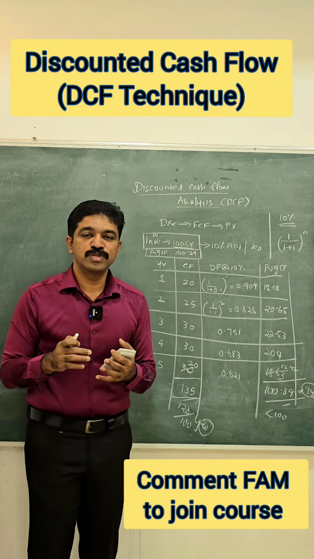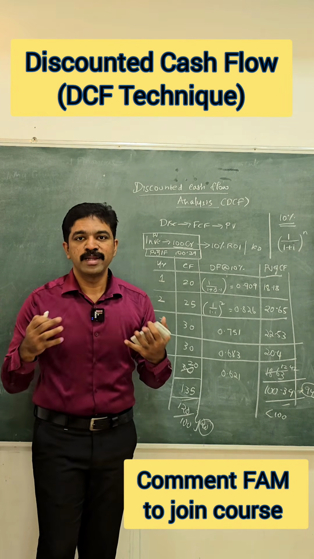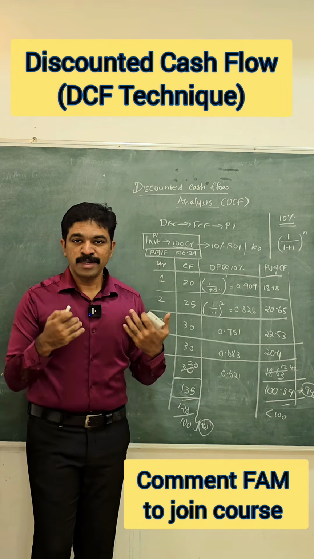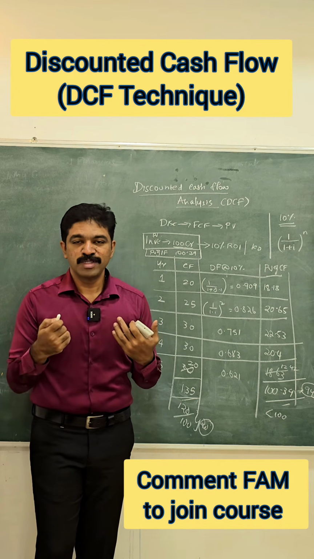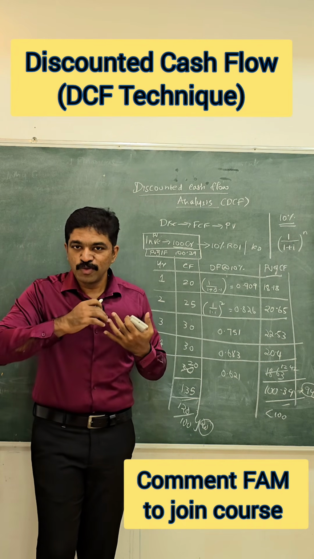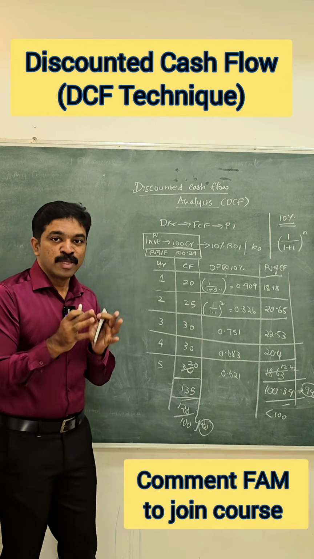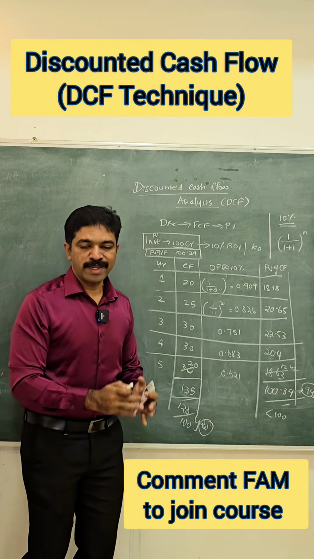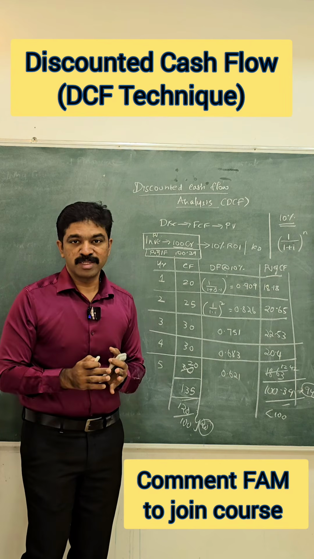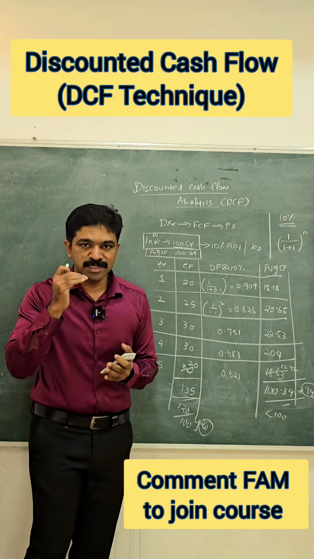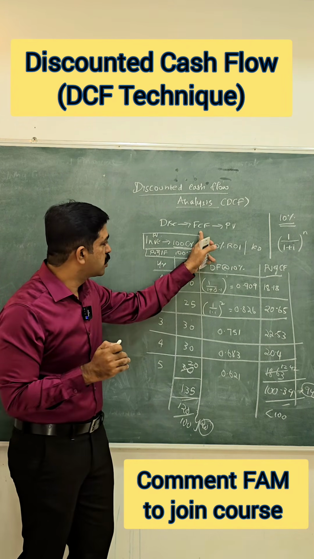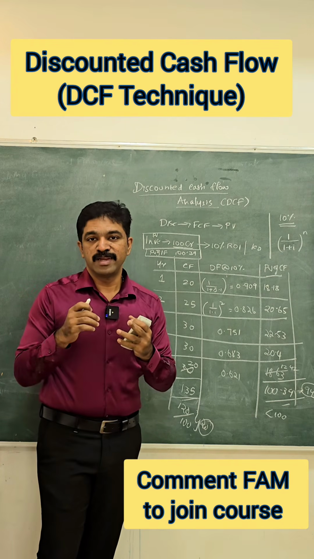It means it is as good as I'm losing 6 crore immediately while making the investment. But in reality, you will not know that you are losing 6 crore because you will know that only over a period of years. But by discounting, you get to know that immediately, right now, upfront, before committing the investment. That's the power of discounting, and that's why we use discounted cash flow technique in investment decisions.